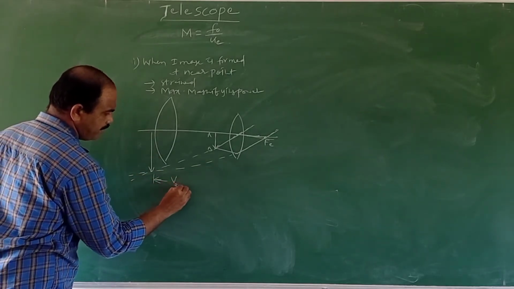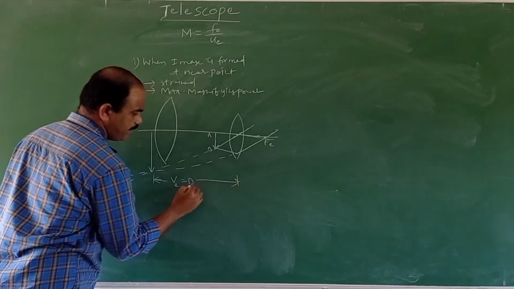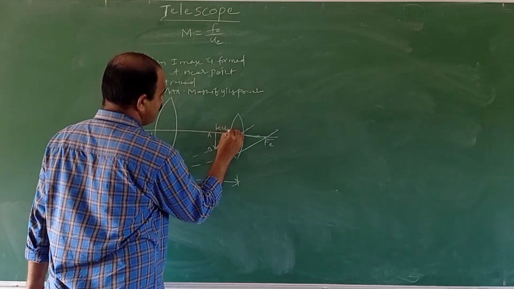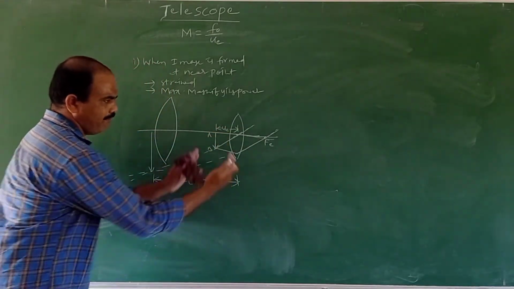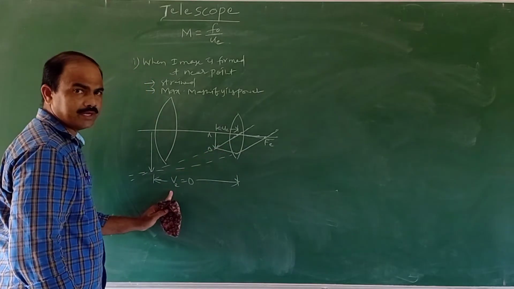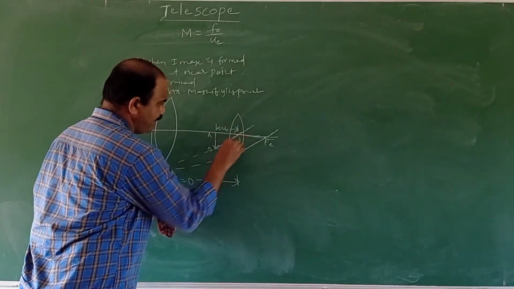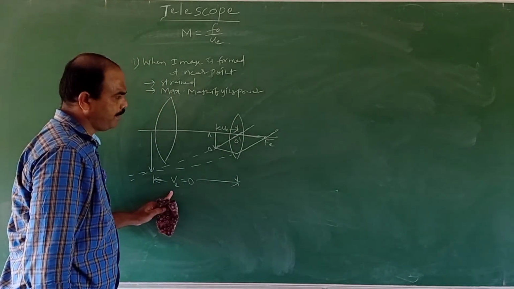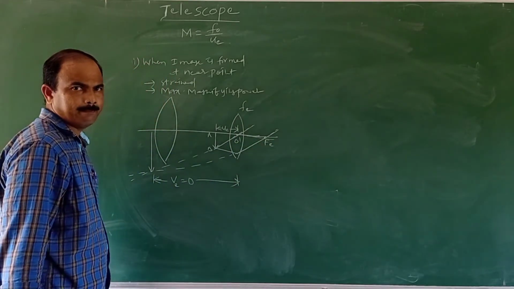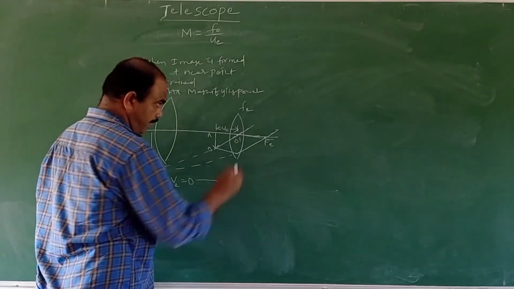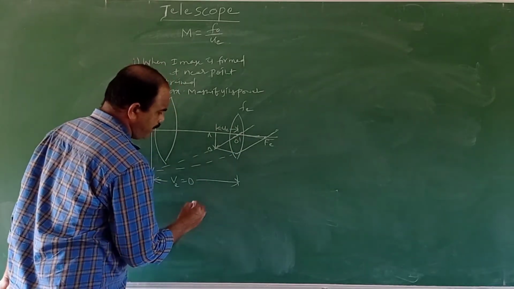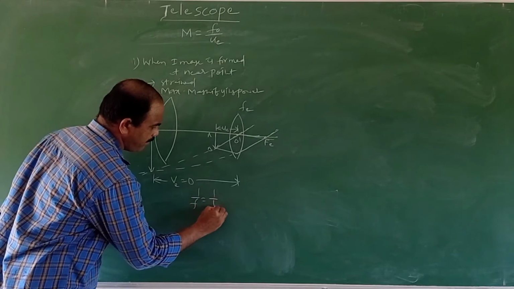This is the optic center of the eyepiece, and the focal length of the eyepiece is f_e. Using the lens formula we can find u_e. The lens formula is 1 by f equals 1 by v minus 1 by u.